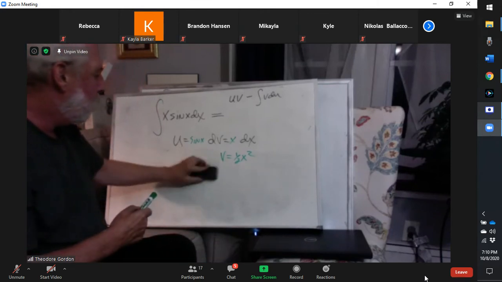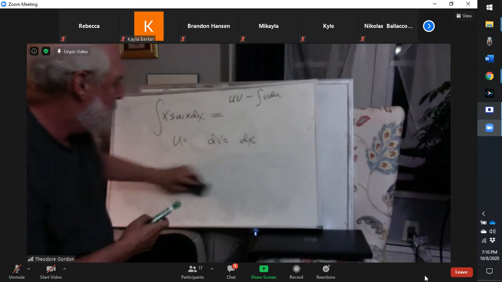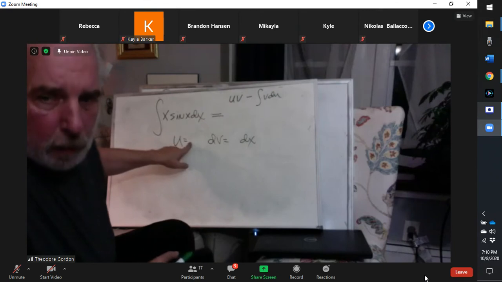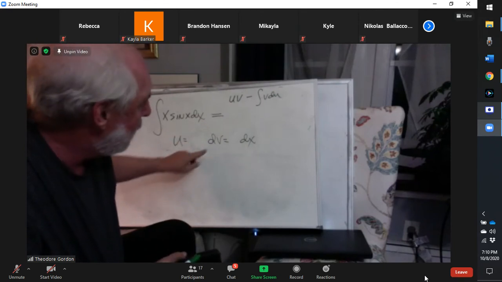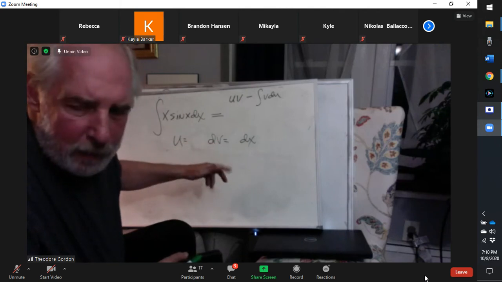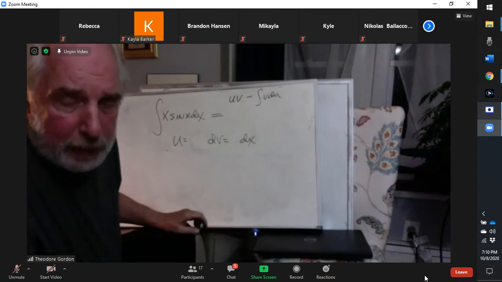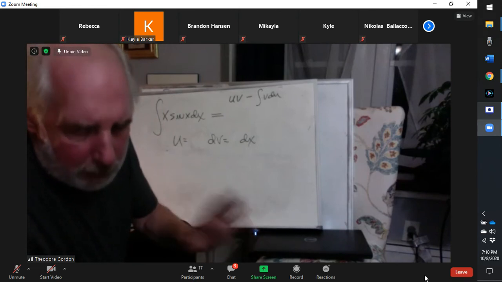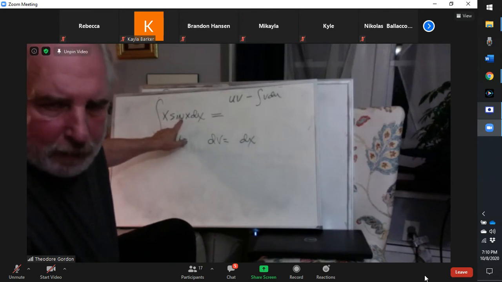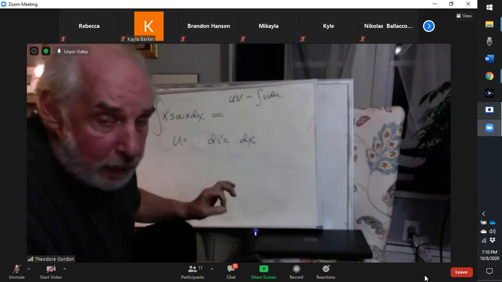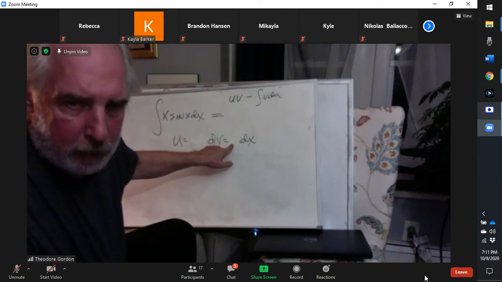When you pick what you're going to choose for u and dv, pick a u that when you do the derivative, you get something not more complicated, and pick a dv so that the integral is easy. So generally speaking, at least in this course, in this textbook, if your function you're integrating has a sine or a cosine or an e to the x, let that be the dv because they're easy to integrate.